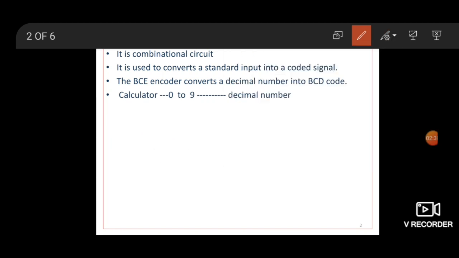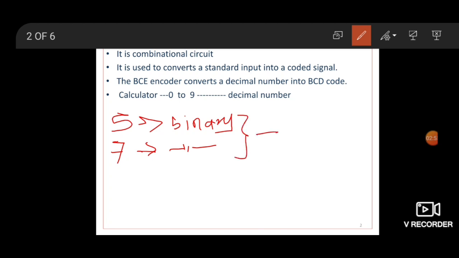Okay student, suppose you press the number 5, that number 5 is converted into binary. Again press number 7, the second number is converted again into binary. Then perform, suppose, the subtraction operation. After doing the operation, the result also comes in binary.